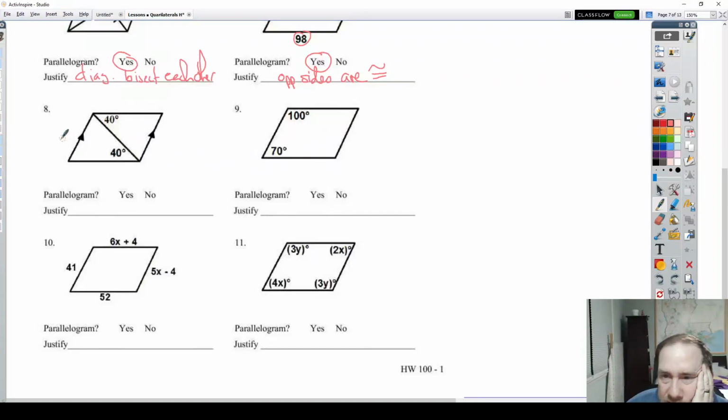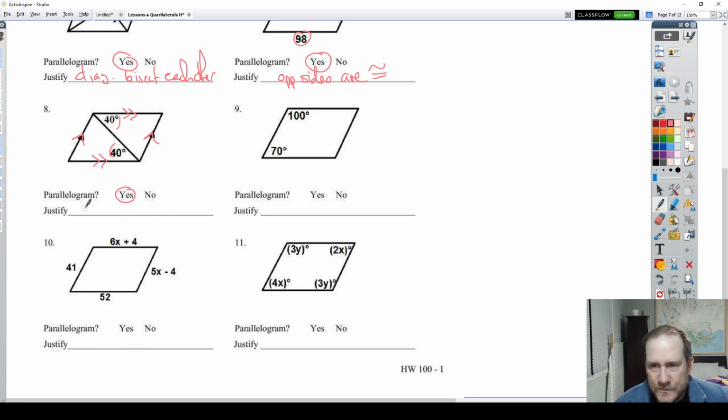For 8, they're showing us that this pair of sides is parallel. Then they're showing us that these angles are 40. Well, the fact that those angles are both 40 does let us say that these sides are parallel too. That's by the converse of the alternate interior angles theorem. So we've got our 2 pairs of parallel sides.